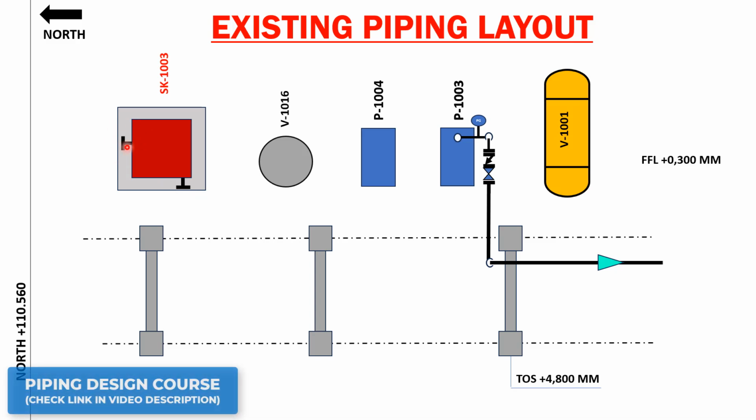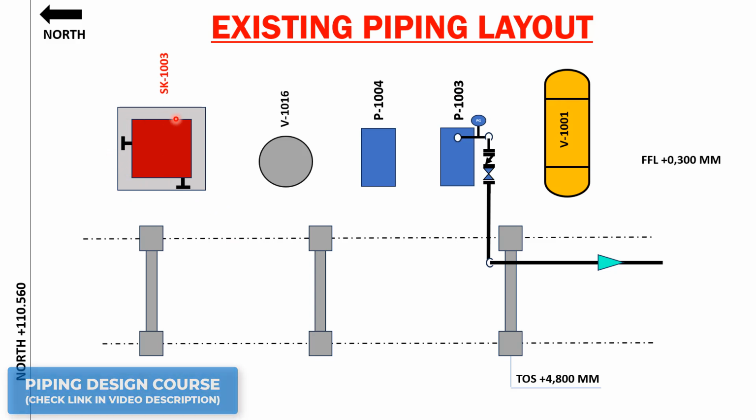Because the suction nozzle is where you will have a supply from the trucks. The injection skid will have some tanks, and in the tanks you have to supply the chemicals. So when you are designing the entire layout, you have to give this recommendation to the vendor. You have to remember this, understand?